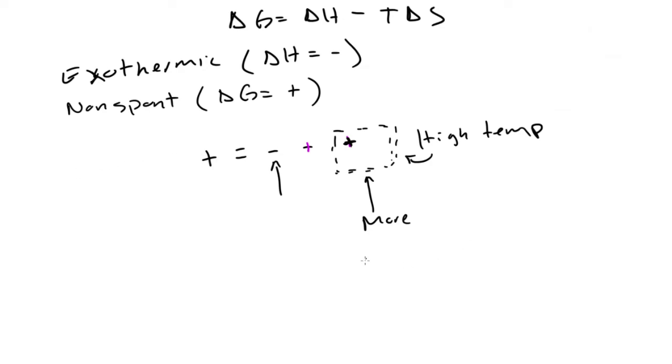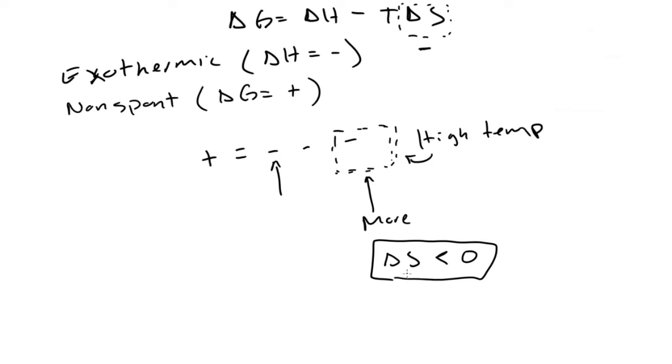So let's see what that means. What you want is to have a negative here, that way you can do plus a positive. So you want this part in here to have that negative sign. So you could say delta S is negative, and then you'll have 0 over here.